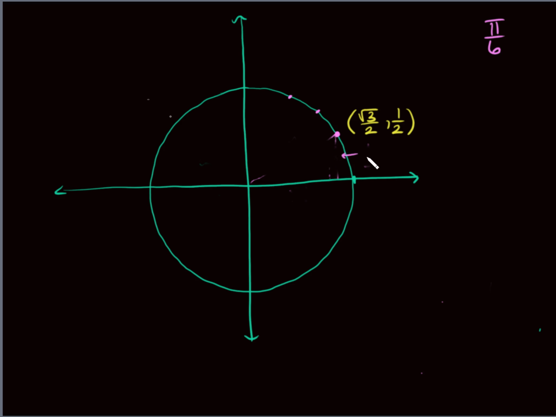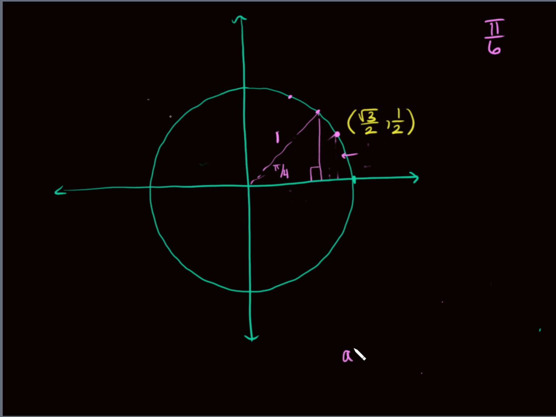So let's see what would happen with 45. So 45 degrees would be right about here. And if I come straight down here, so this is pi over 4, and I know this is 1. So let's think about this: it's an isosceles triangle.